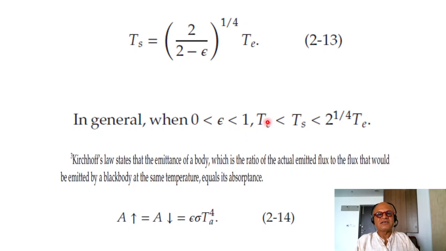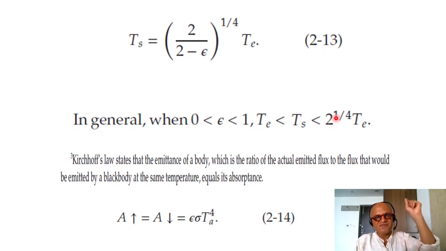So in that case, the emission temperature TE will be less than Ts, and that will be less than 2 to the 1/4 TE. This is the maximum surface temperature you can get when the atmosphere absorbs all of the heat energy coming from the surface.